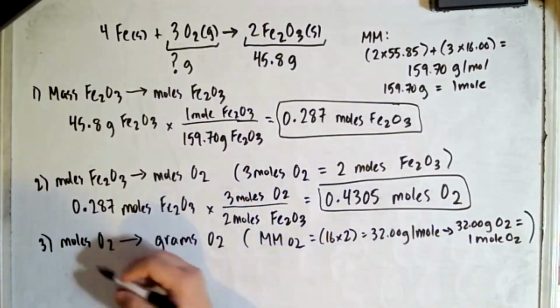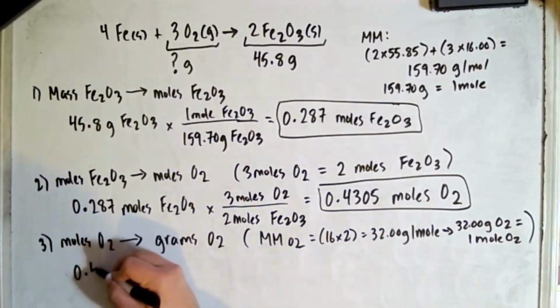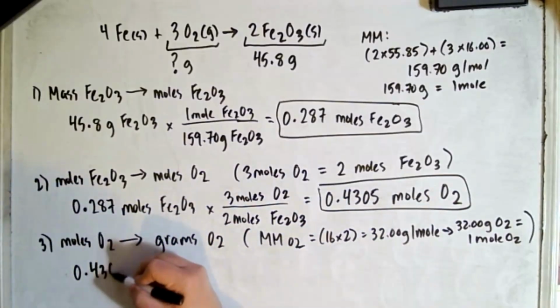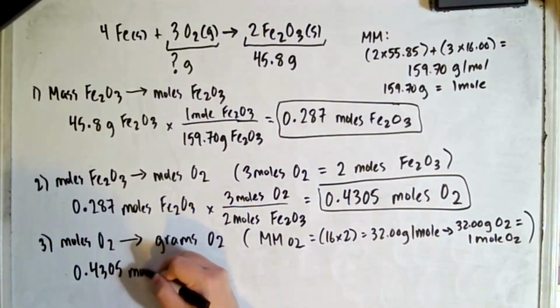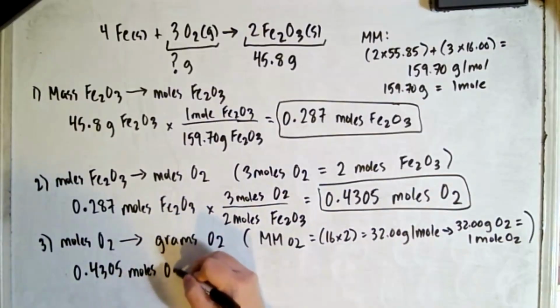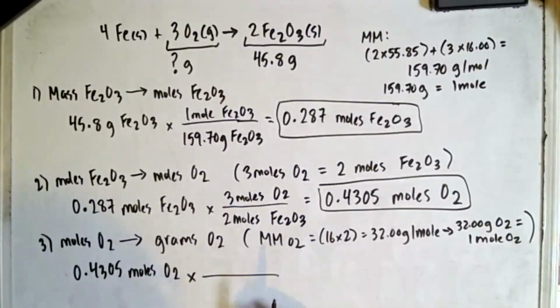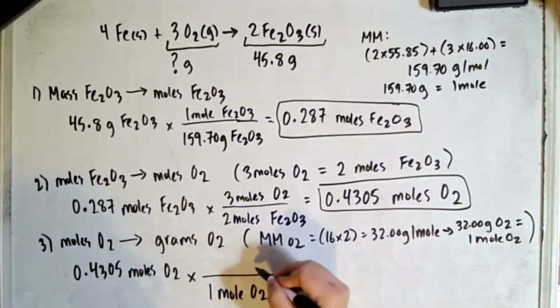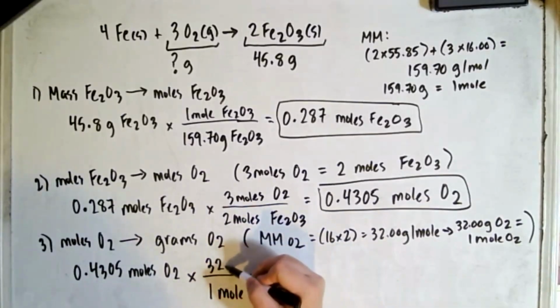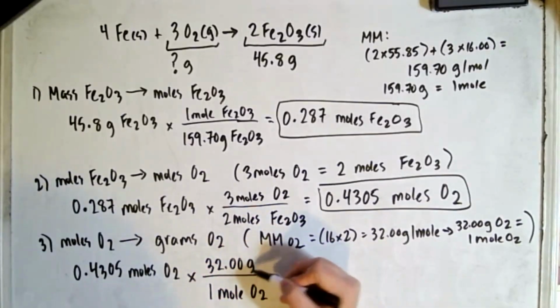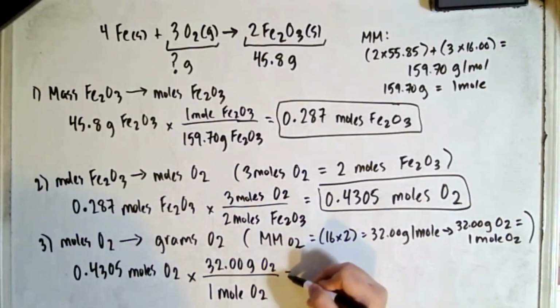So we're going to take our mole value here. And in our denominator, we're going to put our 1 mole of O2. In our numerator, we're going to put our 32 grams.